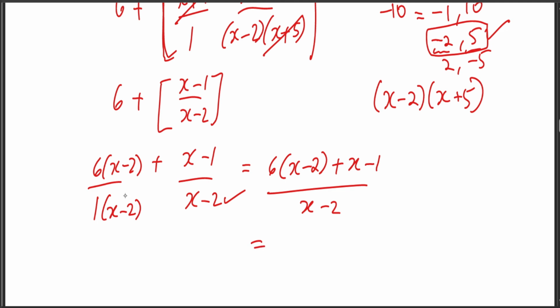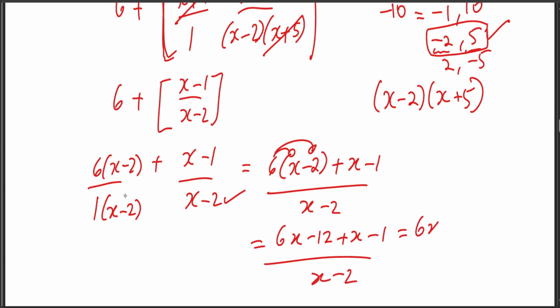Now let's open up this. 6 times x, 6x, this times this, negative 12, plus x minus 1 over x minus 2. Collect the like terms, 6x added to x, minus 12 minus 1 over x minus 2.